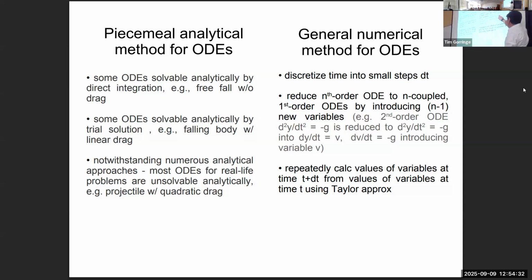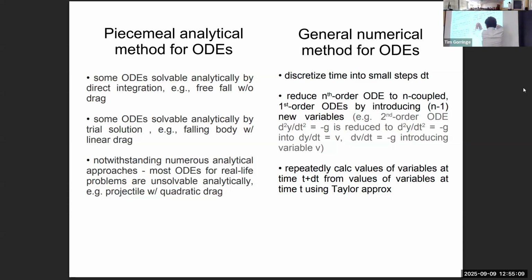I did put here an example. So you can reduce that equation of motion, free fall under gravity, a second order differential equation, into a pair of first order differential equations. So they're first order differentials of the old variable in the second order equation, that's the position variable, and a newly introduced variable, that's the velocity, which is in the second of the first order differential equations.